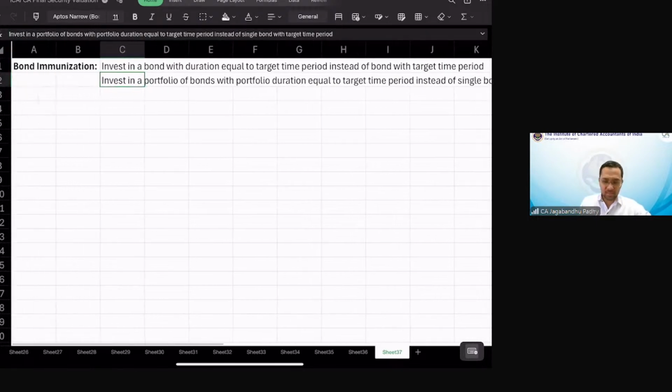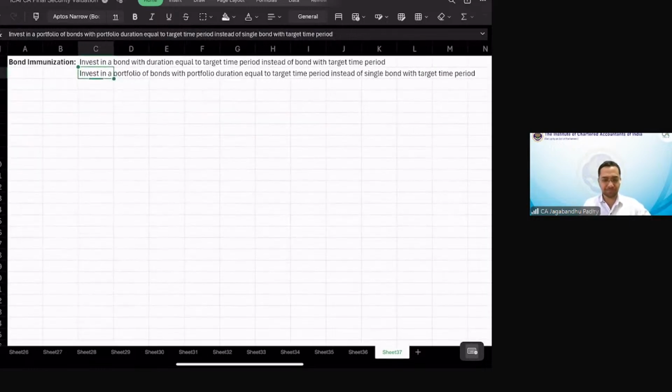So this strategy says that you should invest in such a bond whose duration is equal to your target time period.